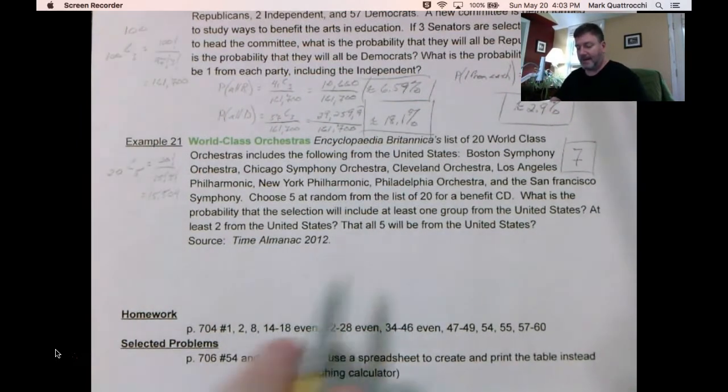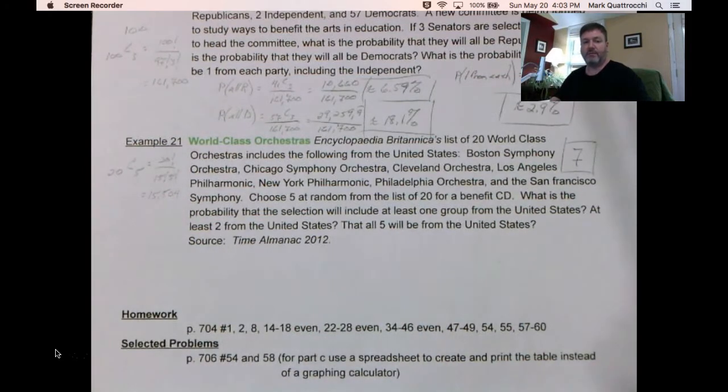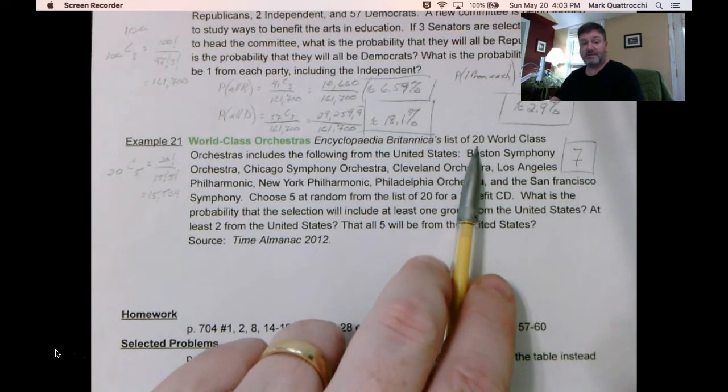If we want at least one group from the United States, then let's look at the reverse of that. None of the groups are from the United States. So there are 7 from the United States. That means that there are 13 not from the United States.